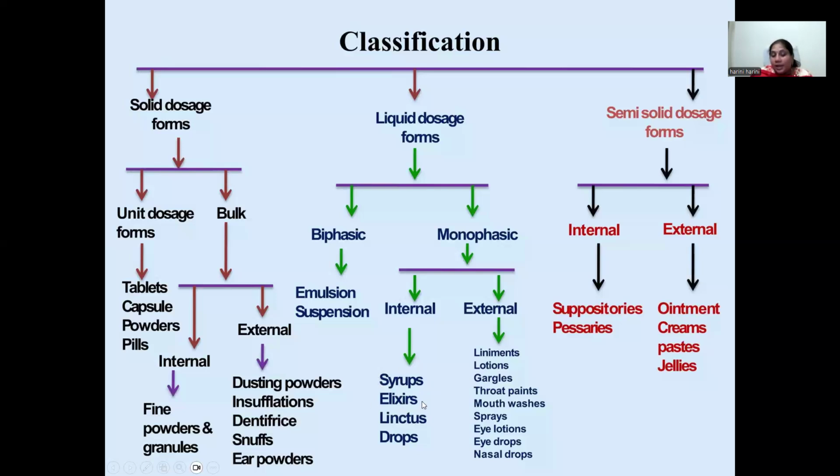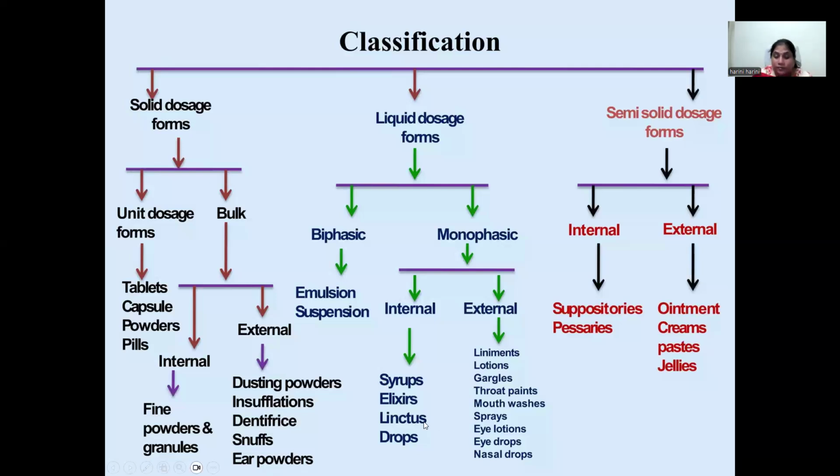Elixirs are hydroalcoholic solutions. Here the solvent used is a mixture of water and alcohol. In syrups, we'll have aqueous solutions of different concentrations of sucrose. But the standard concentration is 66.67% weight by volume. That is 66.67 grams of sucrose dissolved in 100 ml of water to get a perfect syrup.